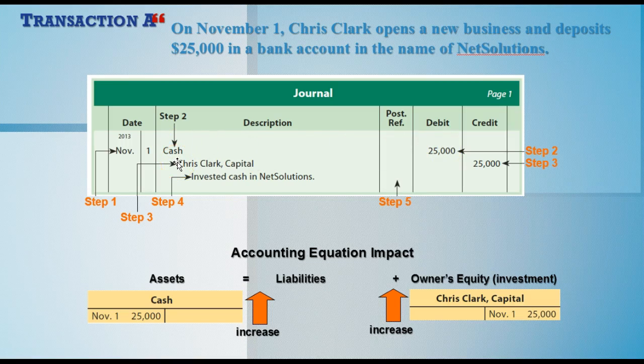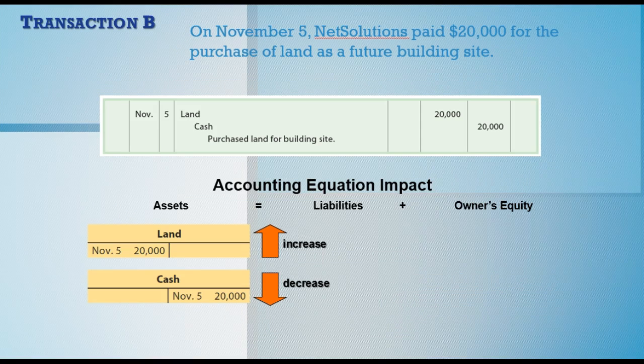Now, since this is Chris's business and he's just starting it out, we've got to balance that with a capital. We're going to create his capital account. So right now, his equity account is $25,000. If you look at the accounting equation down here, we've got assets, see the little T account, with a debit balance, and we have owner's equity with a credit balance. So we're in balance.